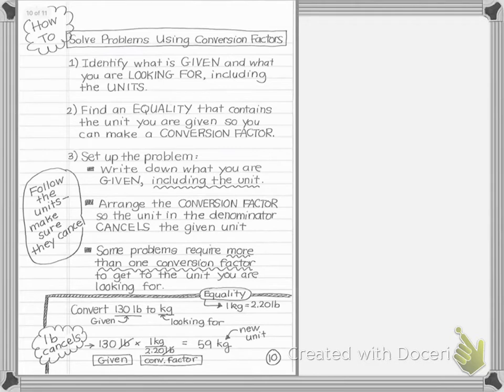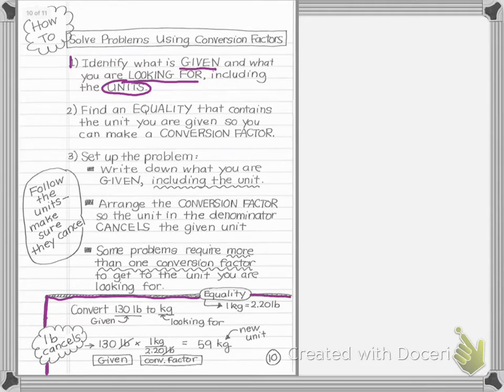Okay, so how to solve problems using conversion factors. Number 1. Identify what is given. So we're going to find out what is given, and we're going to find out what we're looking for. And a part of that is going to be really paying special attention to the units. Here's an example.